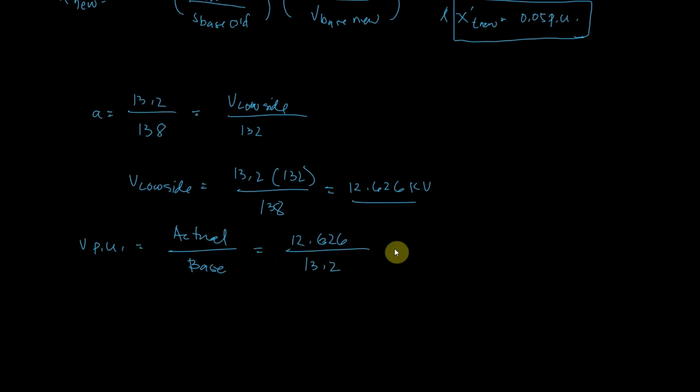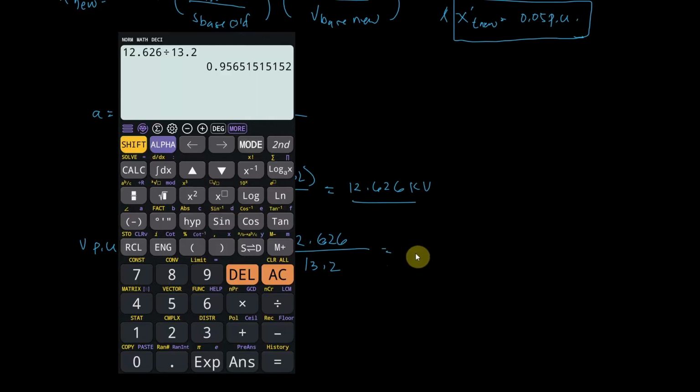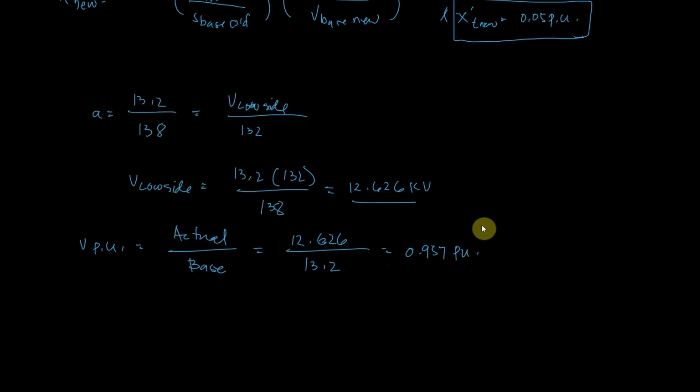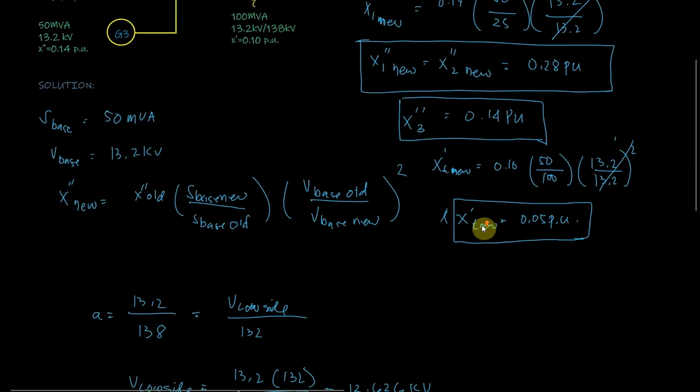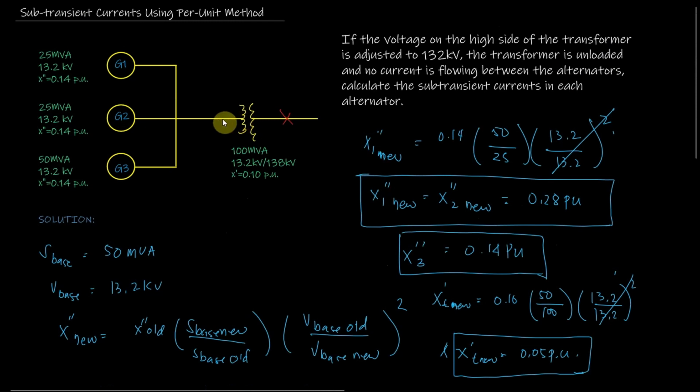So therefore, ang ating per unit voltage dun sa low side ng transformer is equal to 0.957 per unit. Okay? So ayan yung voltage dun sa low side dito sa part na to. Which is ayan din yung voltage dito sa bus kung saan nakakonect yung mga generators natin in parallel.